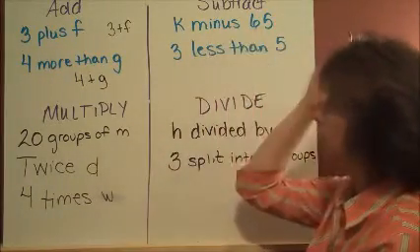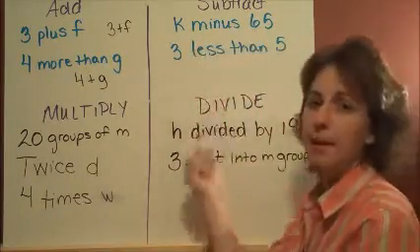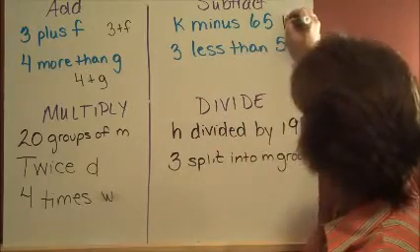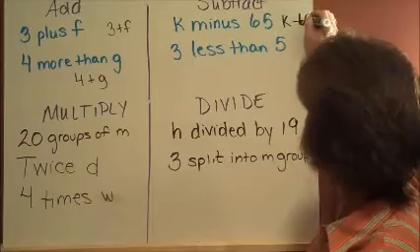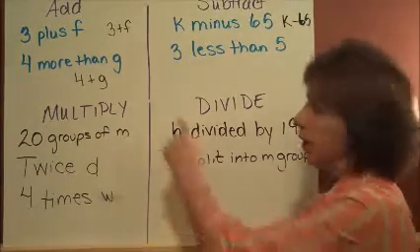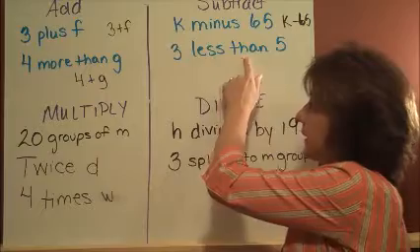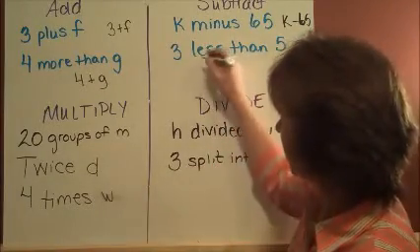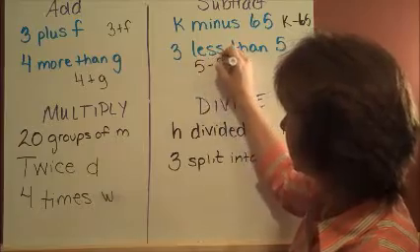Let's look at subtraction. K minus 65. 3 less than 5. So I would have to say 5 minus 3.